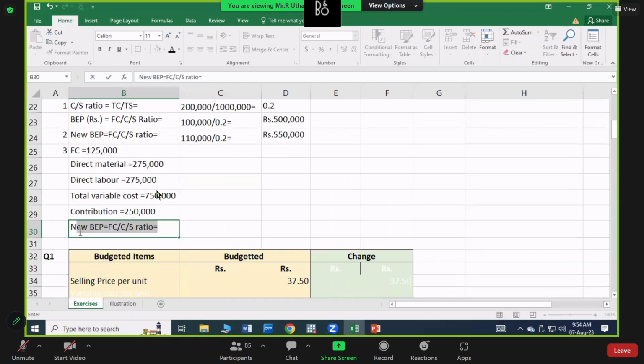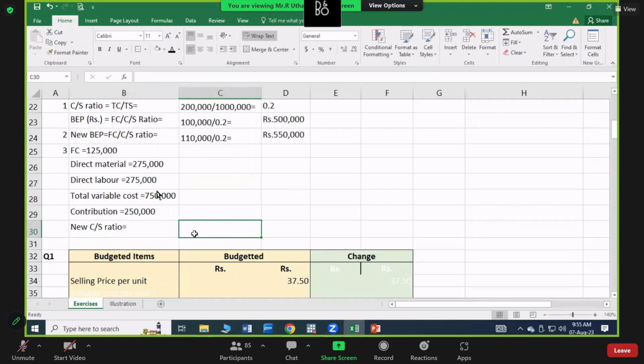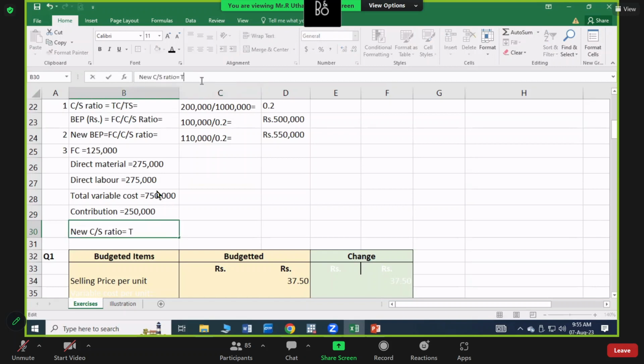The new CS ratio is equal to the contribution over sales. There is no change in sales.